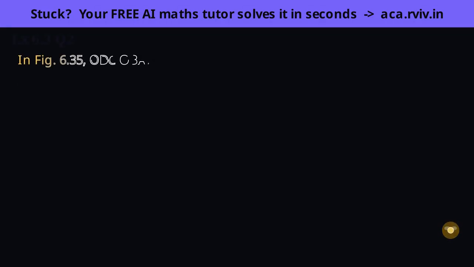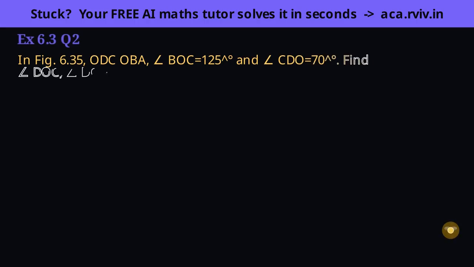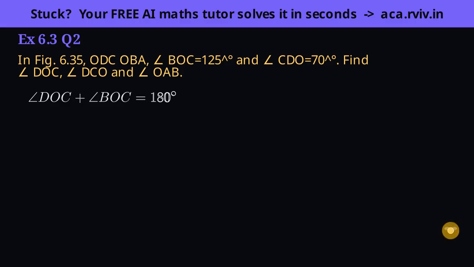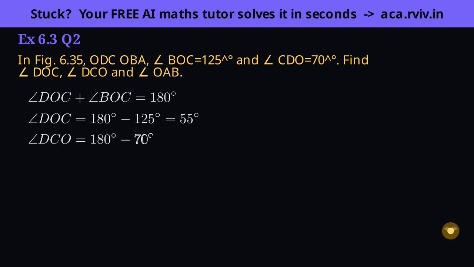A straight line and the angle sum unlock every angle in turn. Setup: BOD is a straight line, so angle DOC and angle BOC together make 180 degrees. Subtract to find angle DOC. In triangle ODC, the three angles sum to 180, so subtract the two known ones.